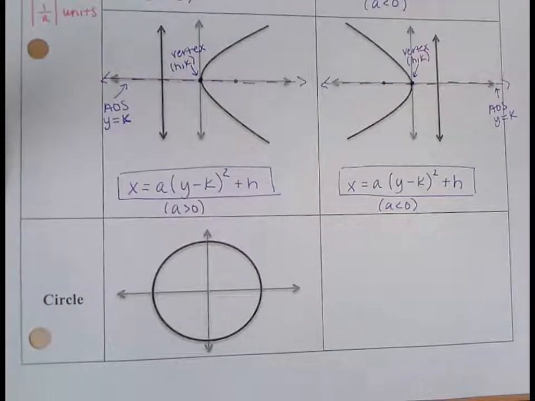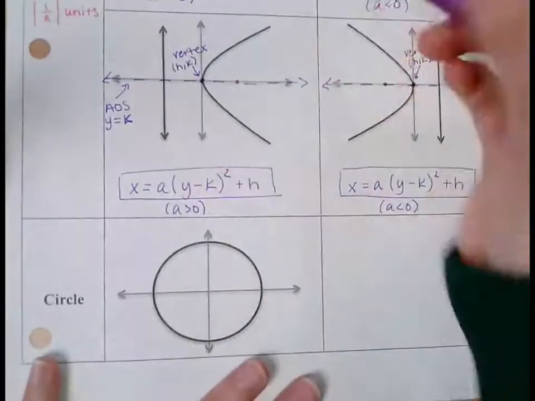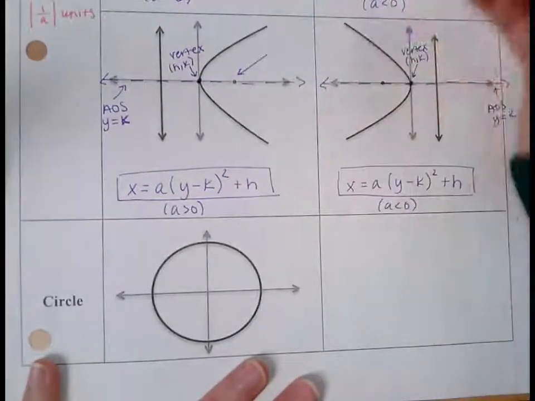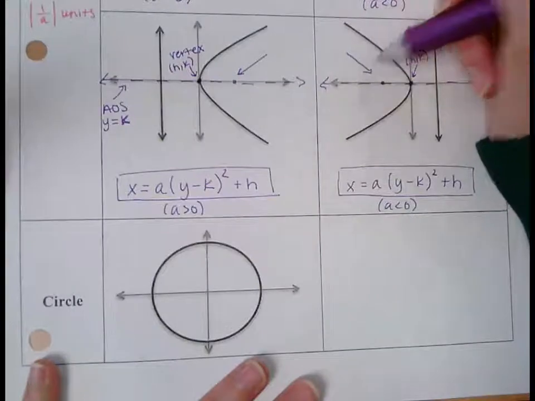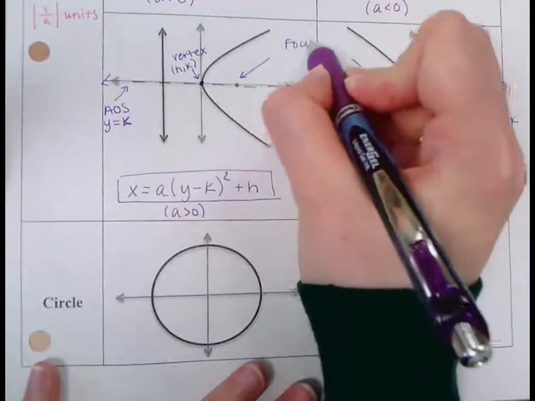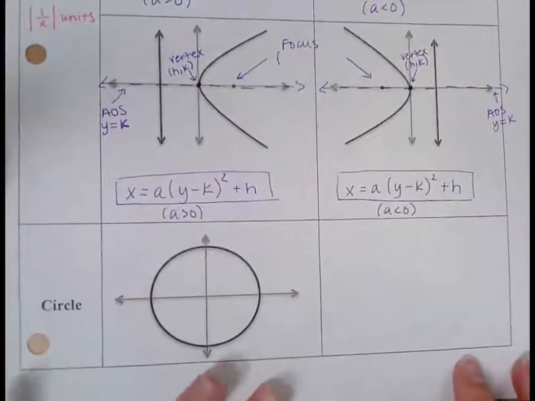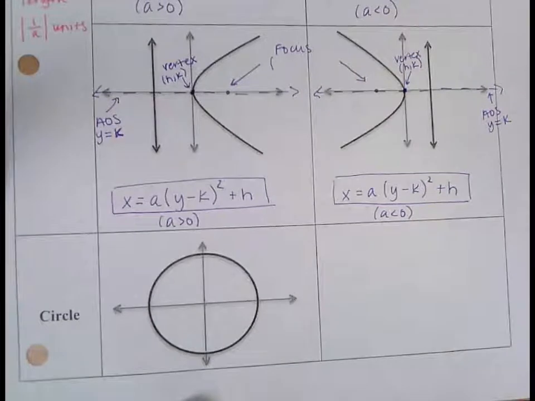Then we'll label the focus for each one. So those points that are on the insides of the parabola. And I'm actually going to just draw an arrow to both and then kind of label them both in the middle here. So these are the focus of each parabola. And so the ordered pair for the focus for a sideways parabola is, the x-coordinate now has an expression you have to find.